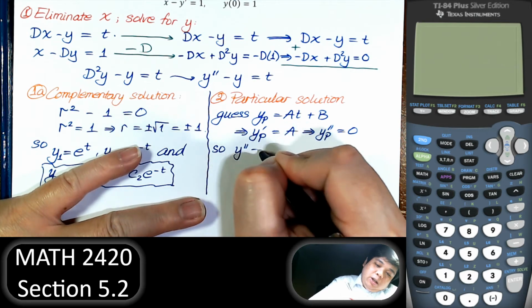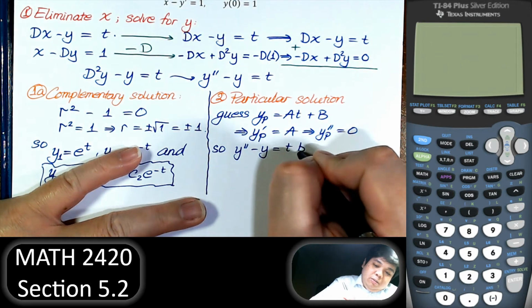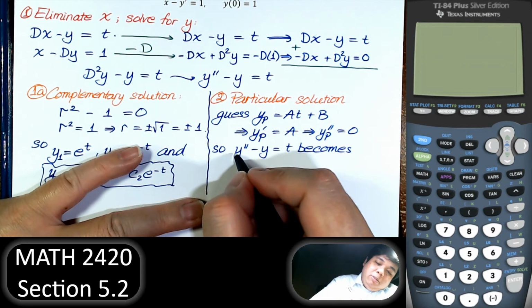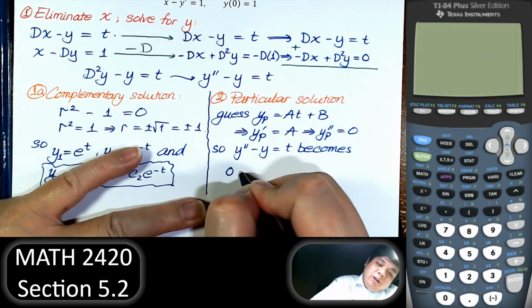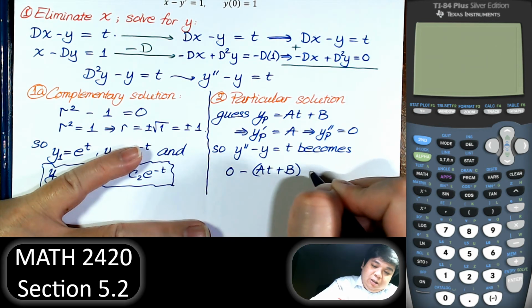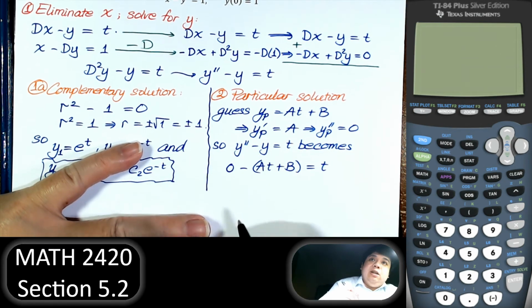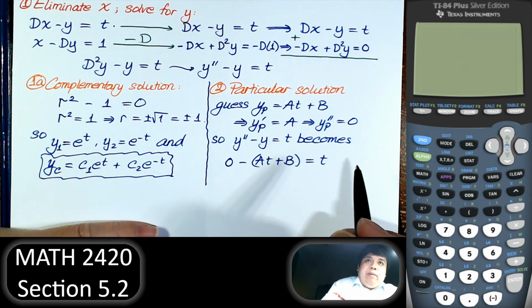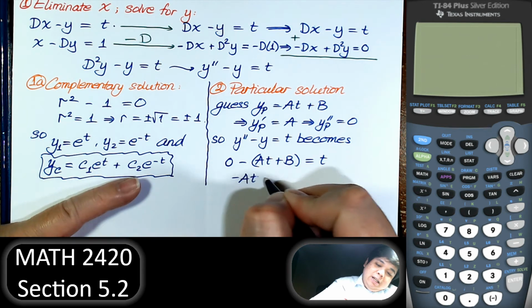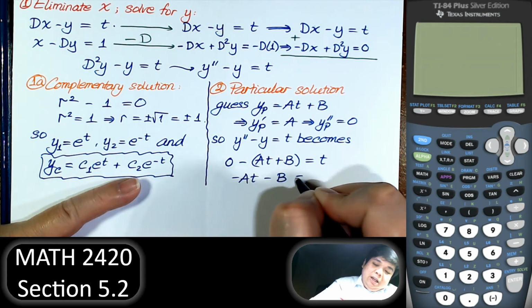So this equation becomes y prime, that will be 0, minus the function equal to t. So I have negative at, negative b equal to t.